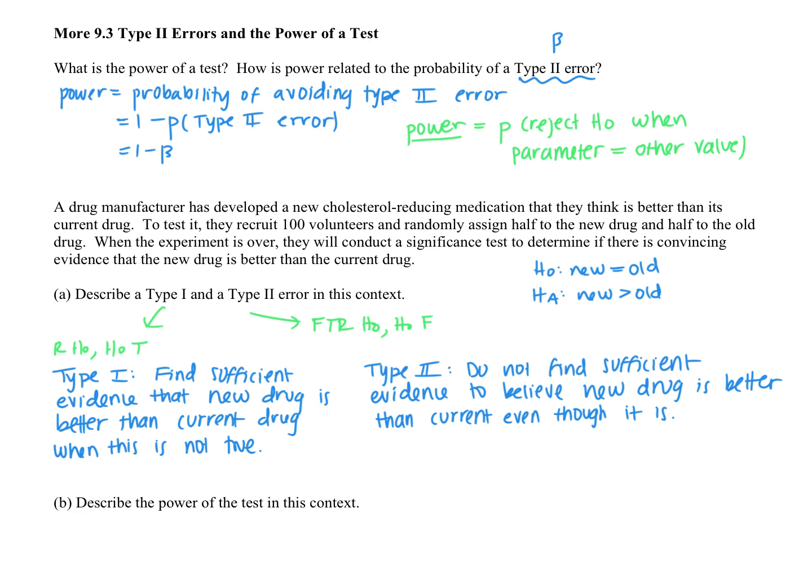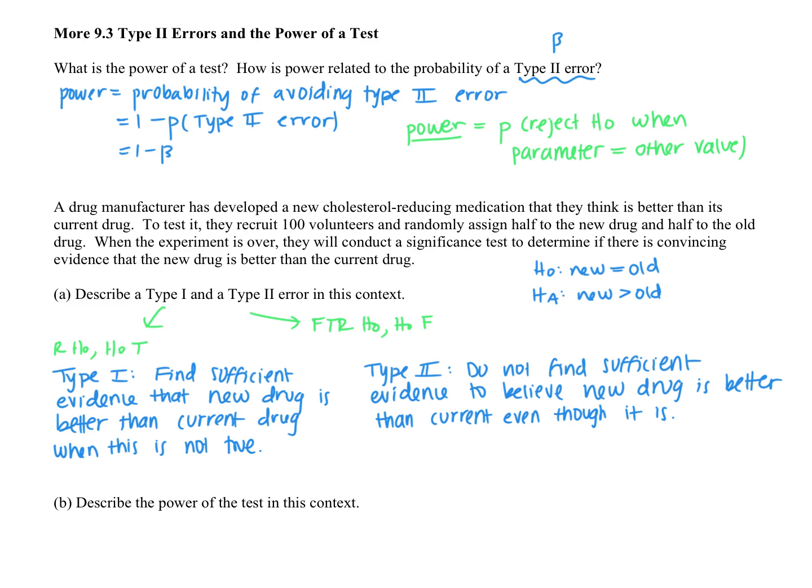Okay, that's the stuff we've already done, type 1 and type 2 error. Describing the power of the test. Power of the test is always related to type 2 error, which means we know the null is false. So the power of the test is going to be what happens when the null is false. Well, if the null is false, we should be rejecting the null.